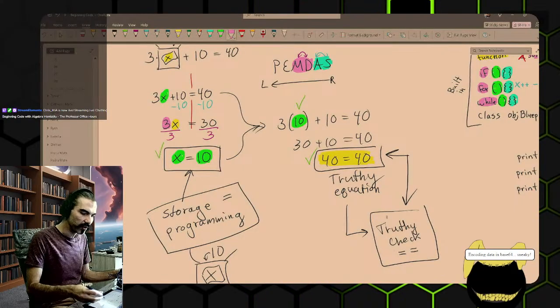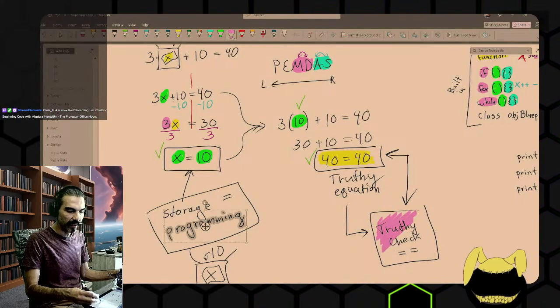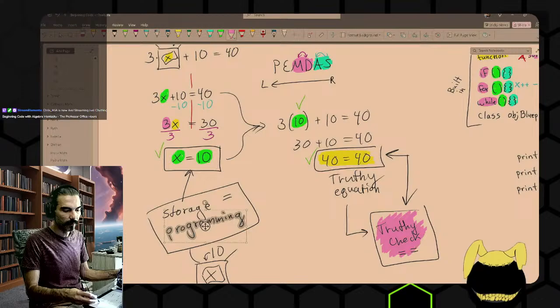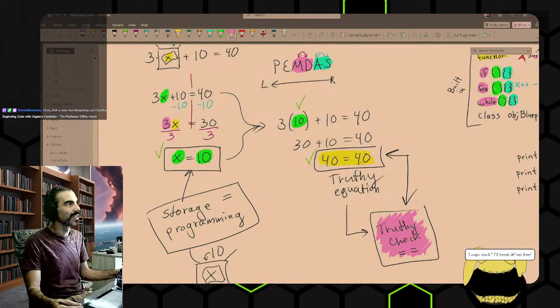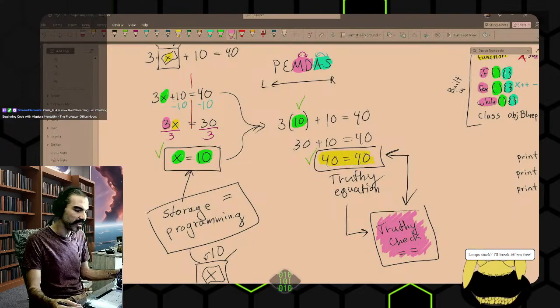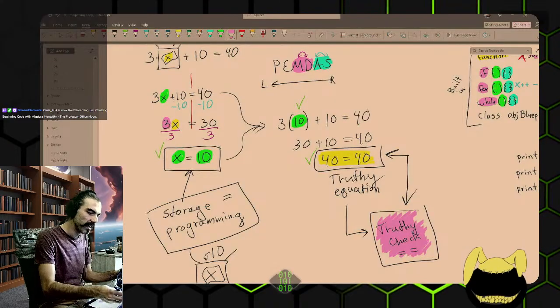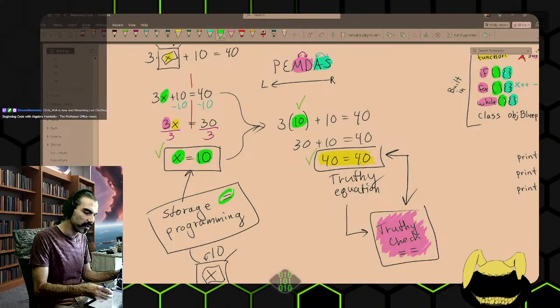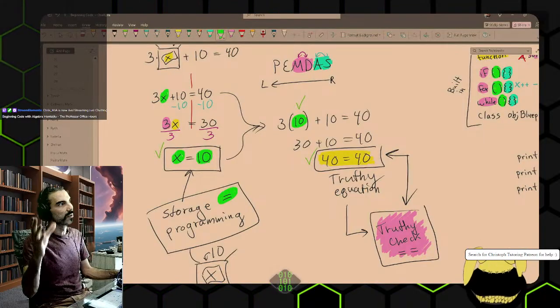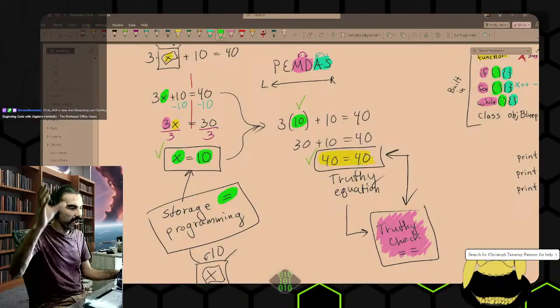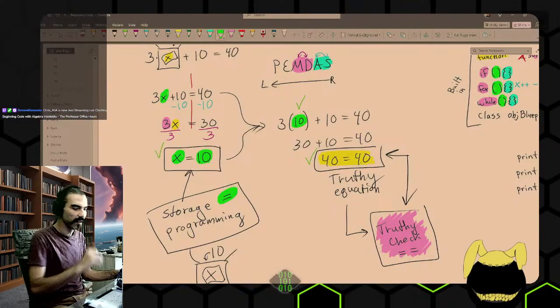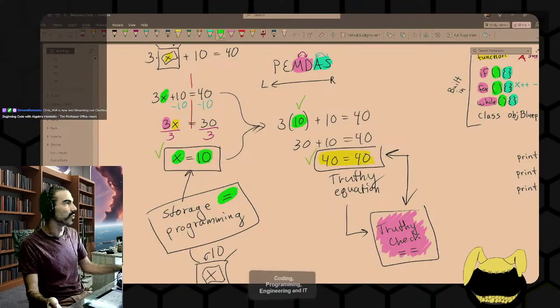Those are all controlled by a truthy check, a case for trying to figure out if something is the same on both sides of our equation. On the other hand, a single equal sign in programming is just storage. We're taking whatever is on the right of that equal sign and associating it to the left. That's what variables essentially do.